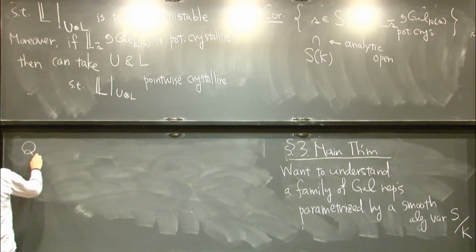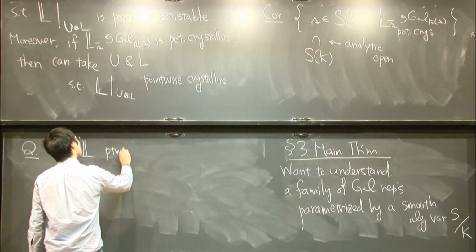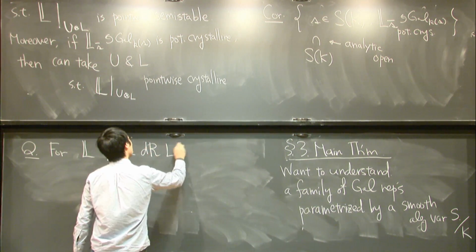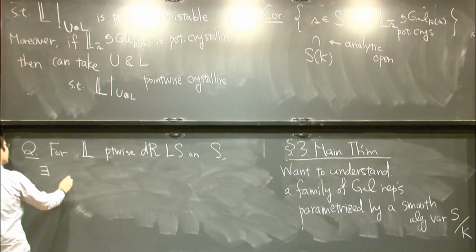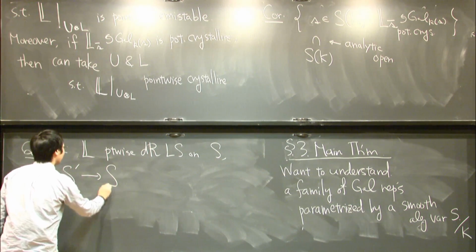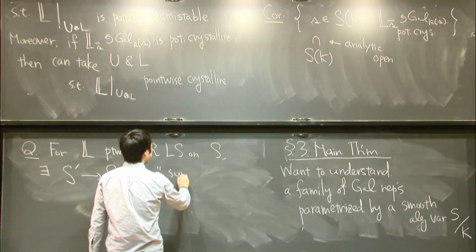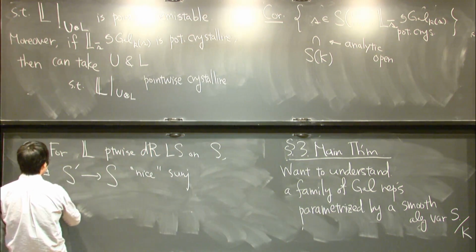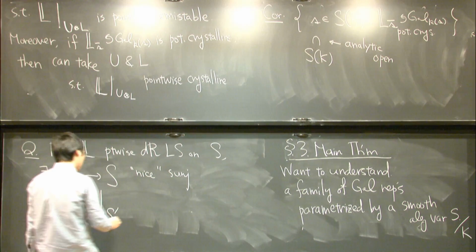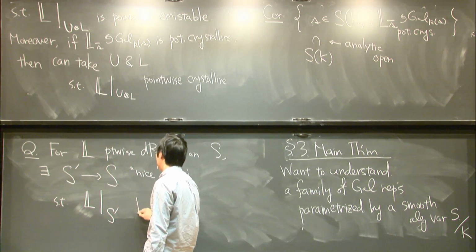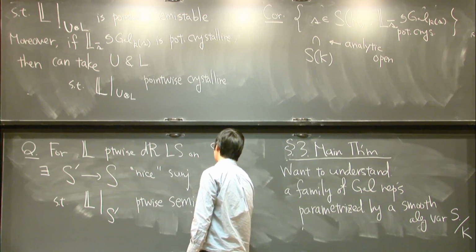So the question is, for a given pointwise de Rham local system L on S, whether there exists some nice surjective map, a global one, such that if you restrict my local system L to this cover, it becomes pointwise semistable.